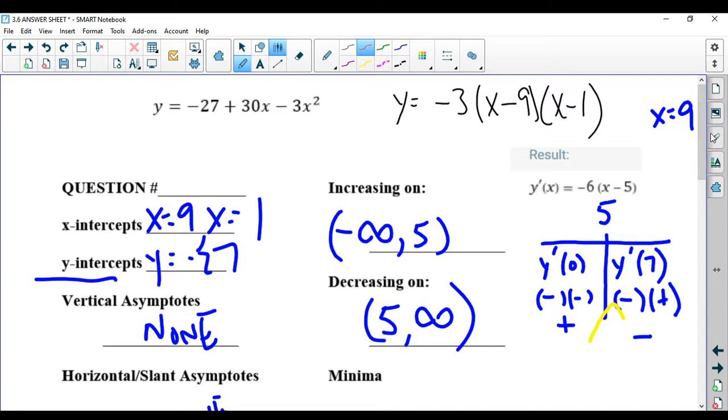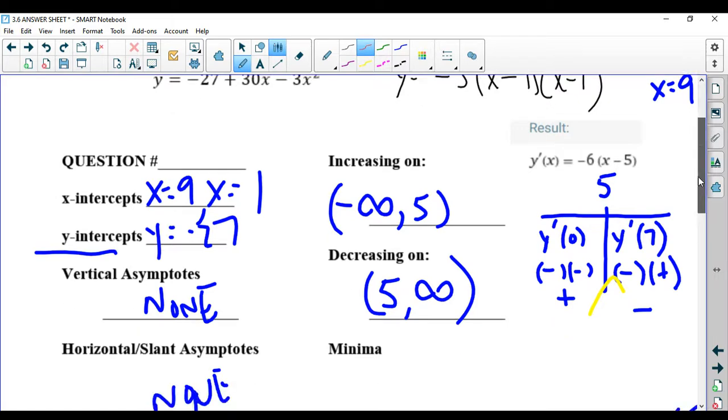Now use your calculator, or you can use the graph. I'm using the calculator right now: negative 27 plus 30 times 5 minus 3 times 25. I got 48.